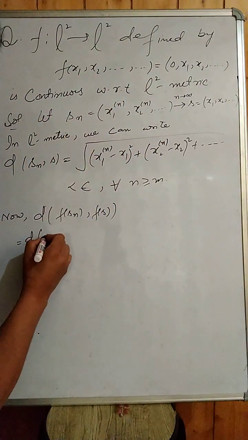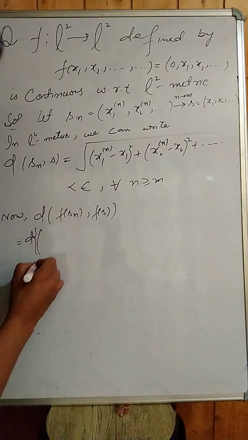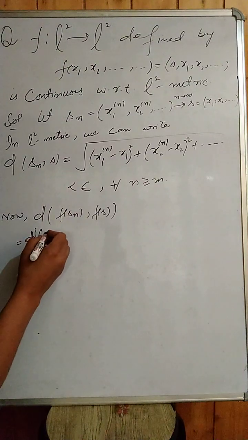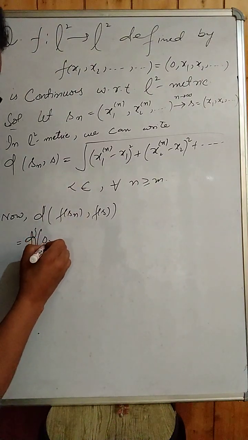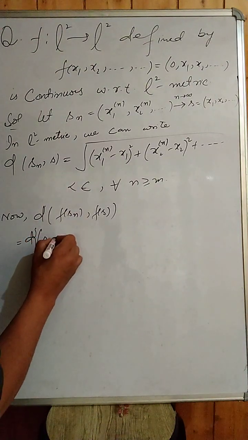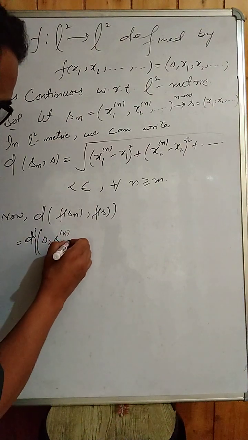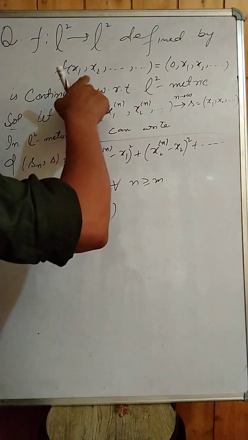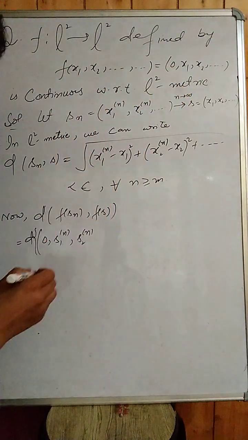That means I have to write 0, x1n, x2n, since it has been shifted towards the right as by the definition of the function.